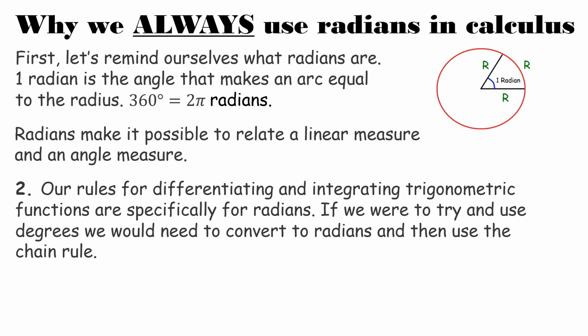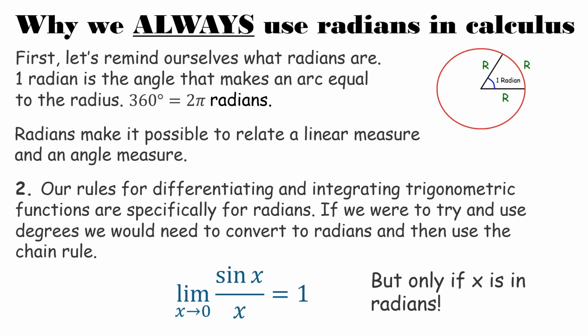And when they decided to differentiate sine and cos and so on, we were looking specifically at the angle being in radians. Okay, so in terms of limits, we're basically saying the limit as x goes to 0 of sine x over x is 1, but that is only true if x is in radians.